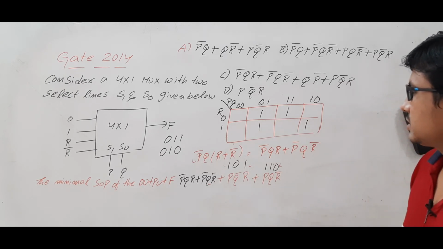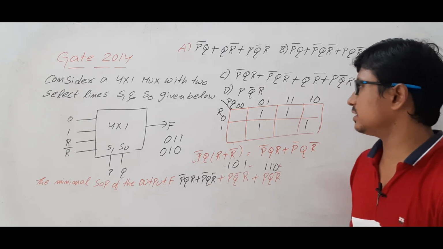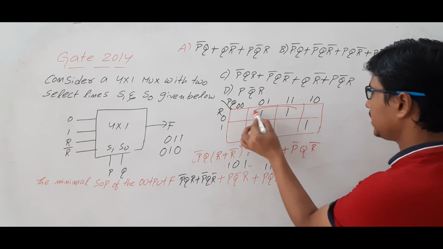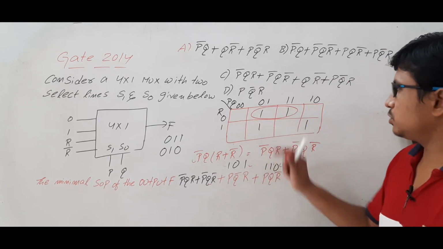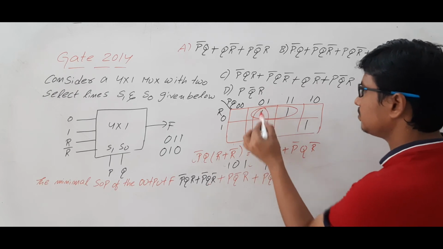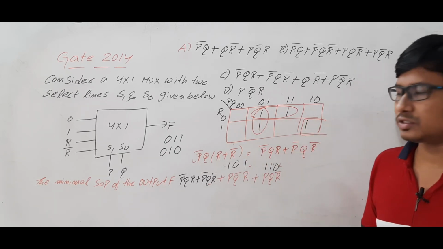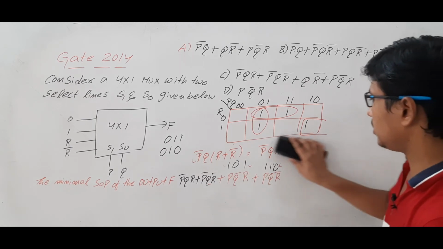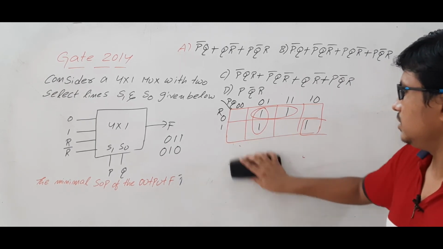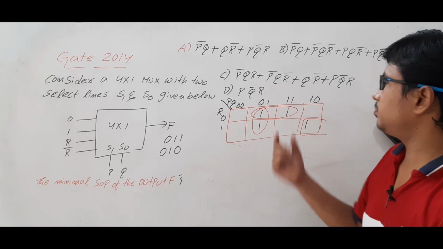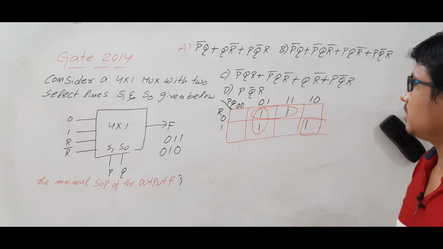Now, if you check, I can apply the implicant for these two ones, and I can apply the implicant for these two ones, and I have a separate one. This one I cannot join with anything. Is it clear? Are you able to understand it or not? So if I take this as an implicant, what is the expression I will get?